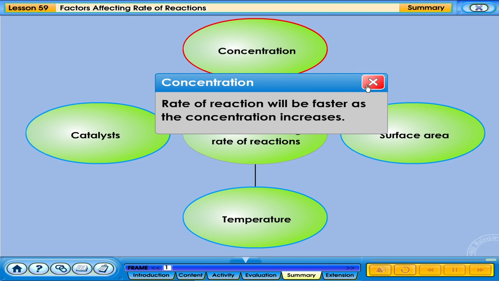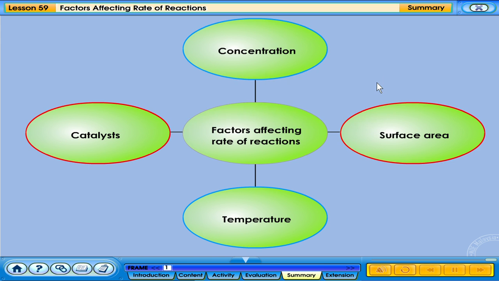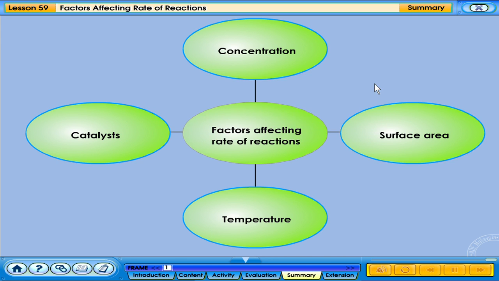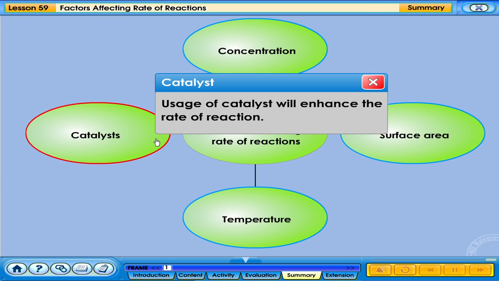Rate of reaction will be faster as the concentration increases. Rate of reaction will be faster if the total surface area is higher. Usage of a catalyst will enhance the rate of reaction.